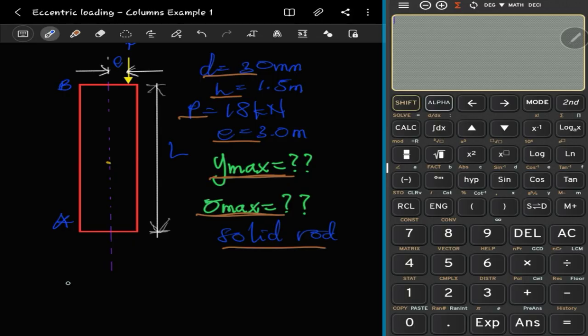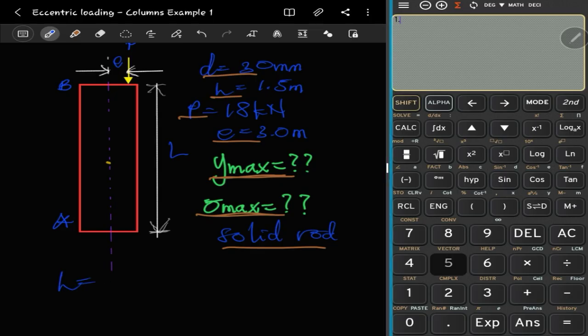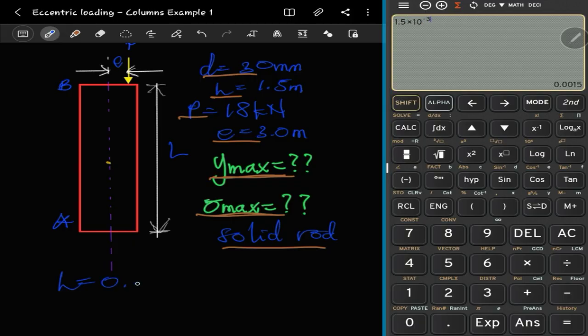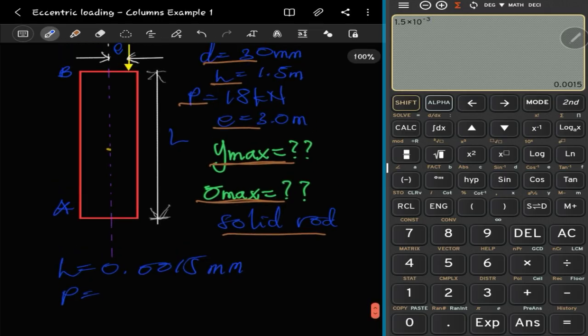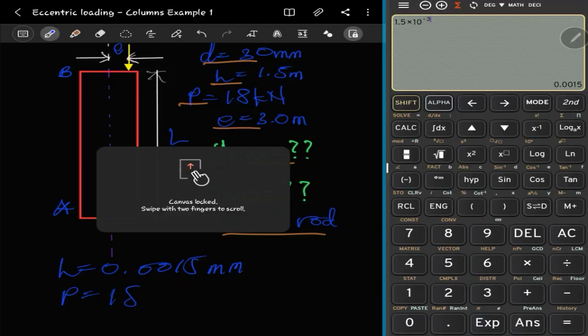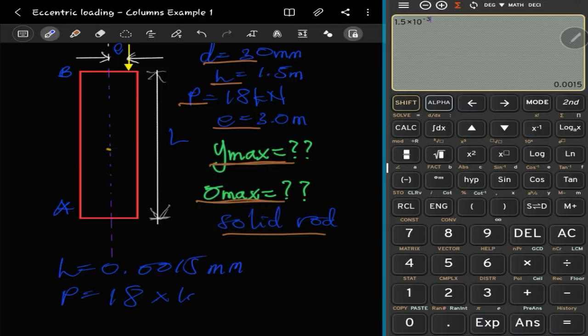So the L is not in mm, so we convert that. We end up getting L being equal to 2.5, and that gives us 0.0015 mm. And then the P has some K attached, so we end up with 18 times 10 to the power 3 newtons.